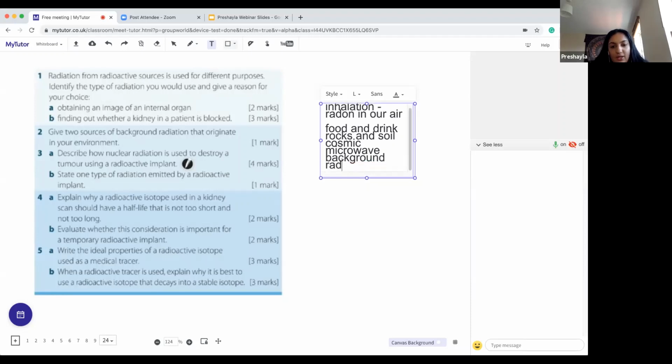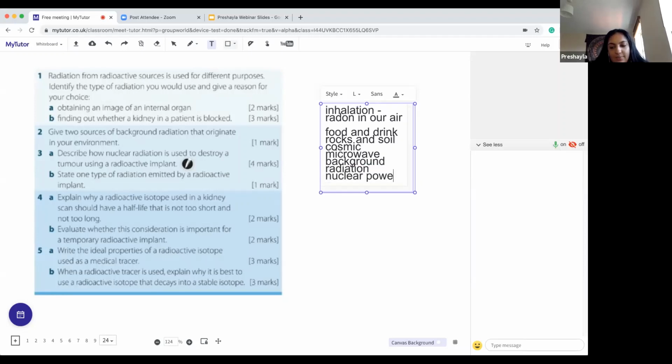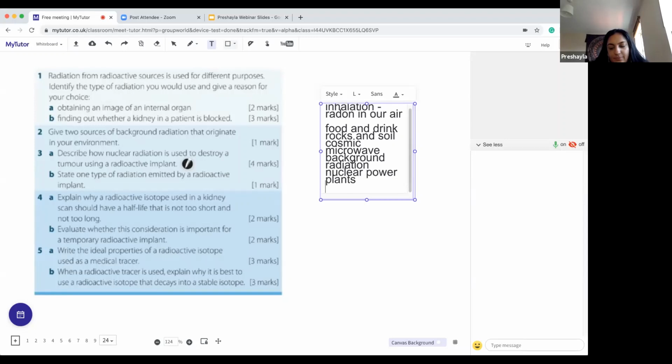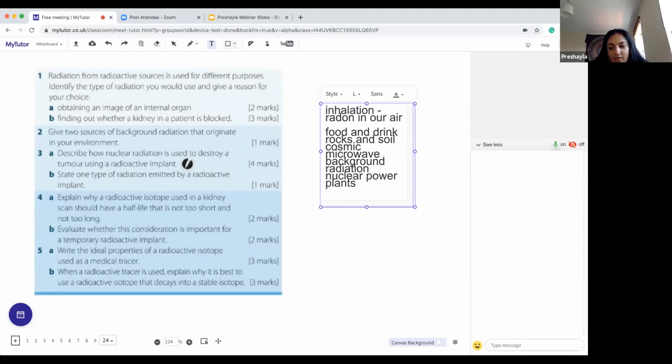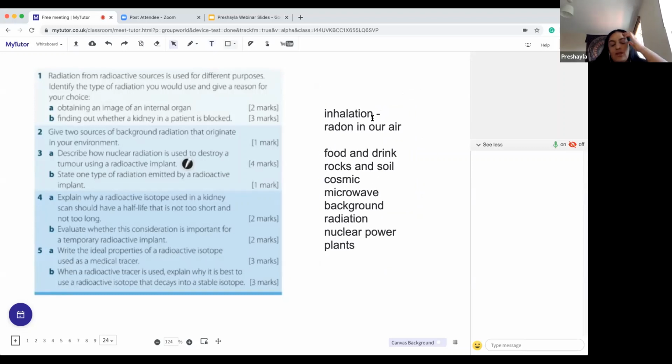It can come from nuclear power plants. And that all happens in different percentages. The main source of radiation is from radon in our air, which is a radioactive element. So this is the main source, and it creates most of what we know as background radiation.